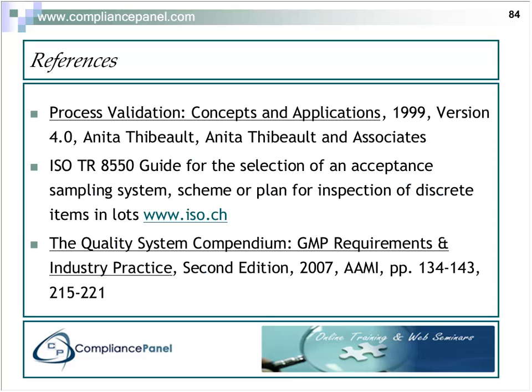That's available from ISO and may also be available from, well, it's available from ANSI in the U.S., maybe ASQ as well. There's another publication, if you happen to have taken a course from AAMI on quality systems, they have a publication called the Quality System Compendium, and it has some discussions on process validation in that book as well.